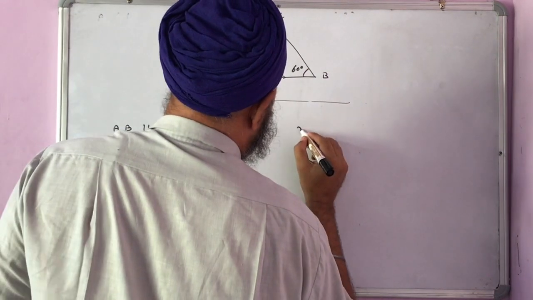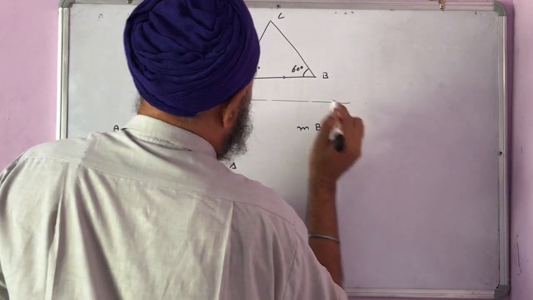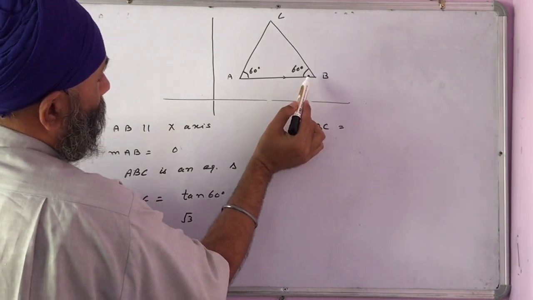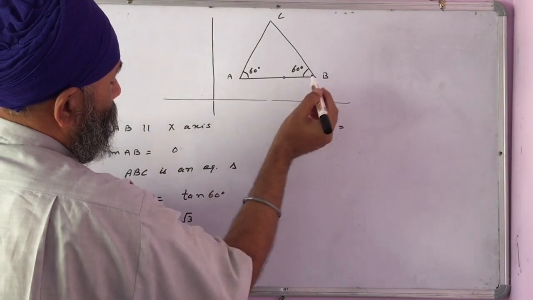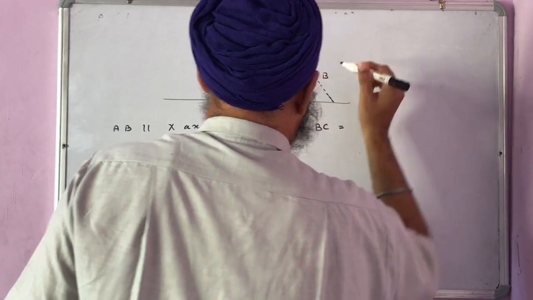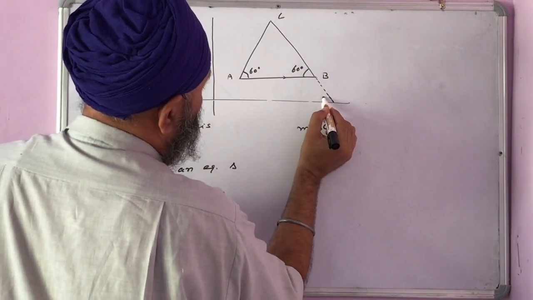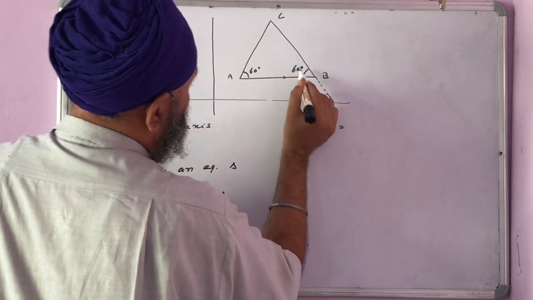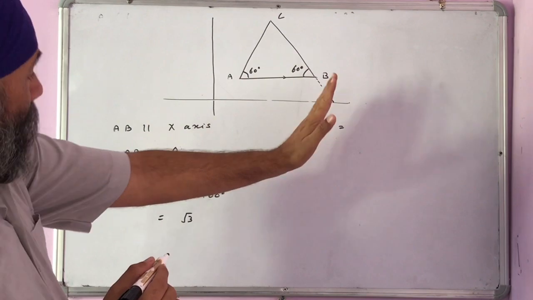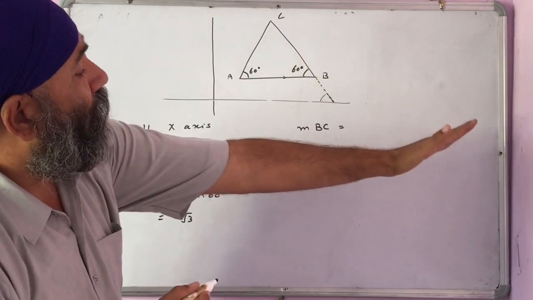What is MBC? Now you see it is making an angle of 60 degree with the negative side of the x-axis, because these two lines are parallel, corresponding angles will be equal. So it is making an angle of 60 degree with the negative side, not with the positive side.